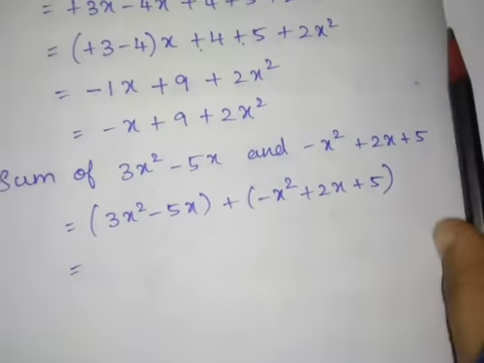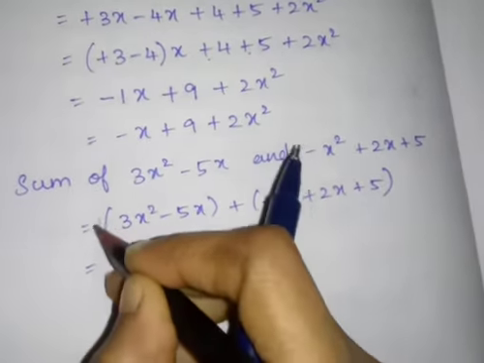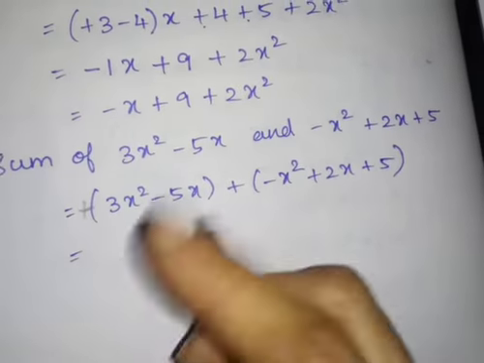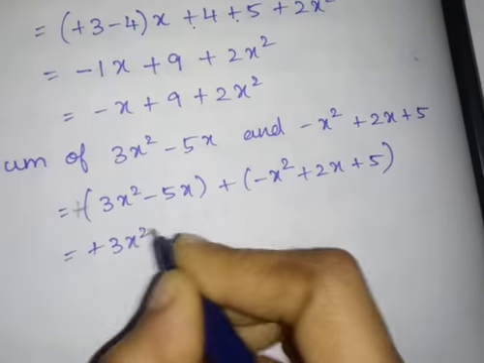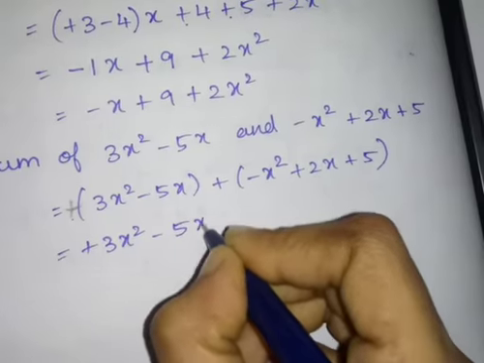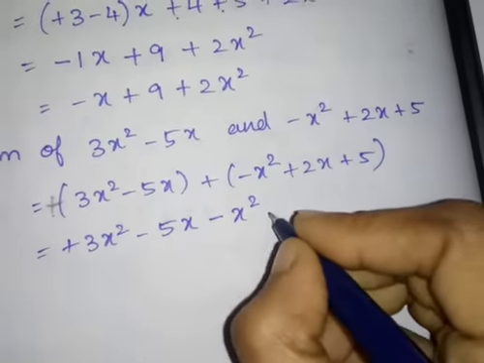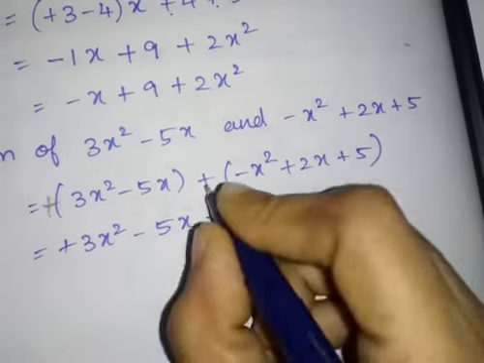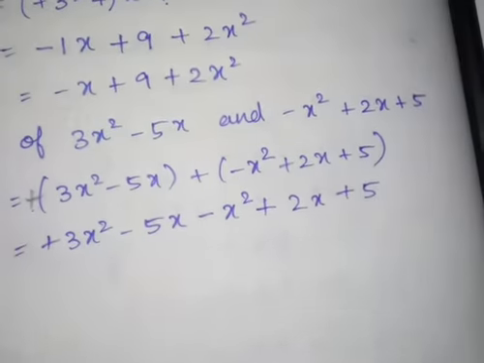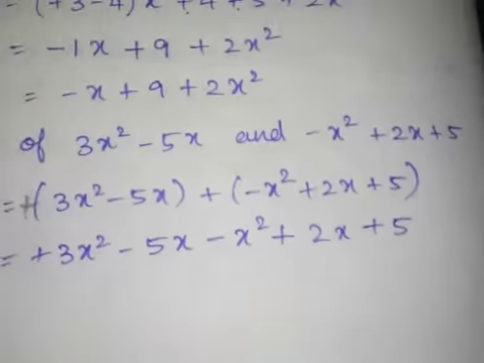Okay, now this is your plus thing. Plus into plus 3x square, plus into minus 5x, plus into minus x square, plus into plus 2x, plus into plus 5. Okay, I just removed all the brackets.